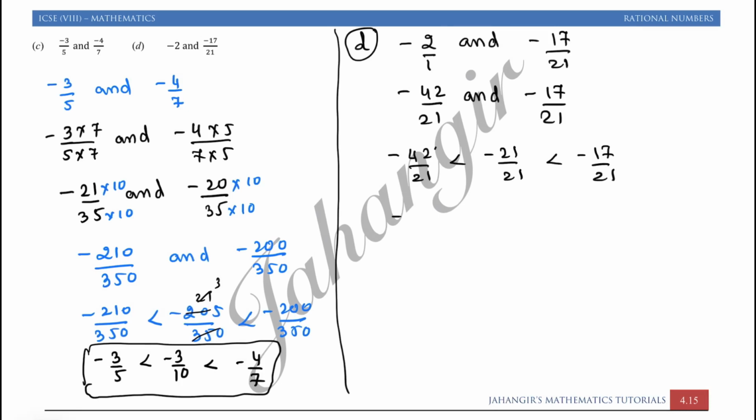So you can write minus 2 less than minus 1 less than minus 17 by 21. So the rational number is minus 1, which we can write in between minus 2 and minus 17 by 21. There are many methods by which you can put a rational number or 3 rational numbers or 5 rational numbers as per your choice.